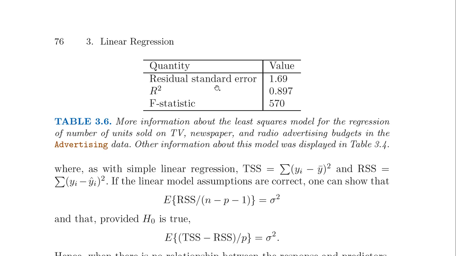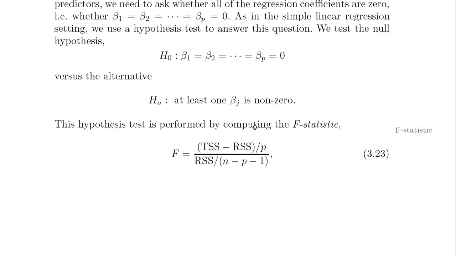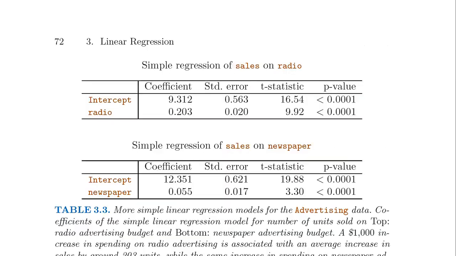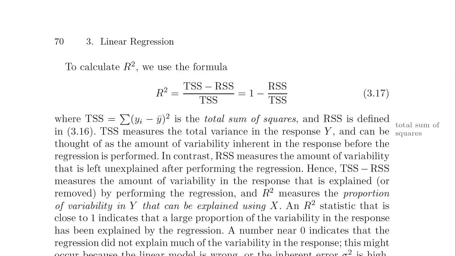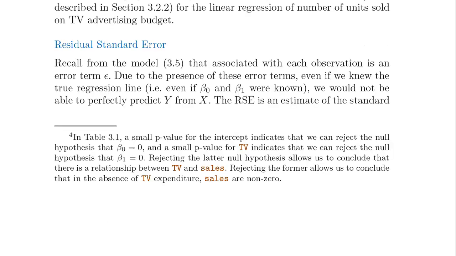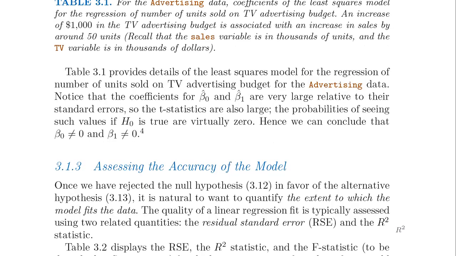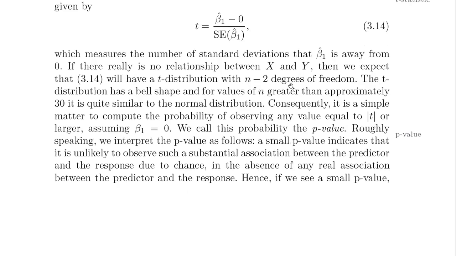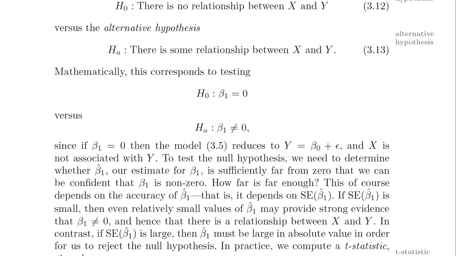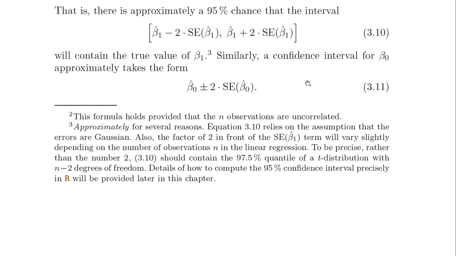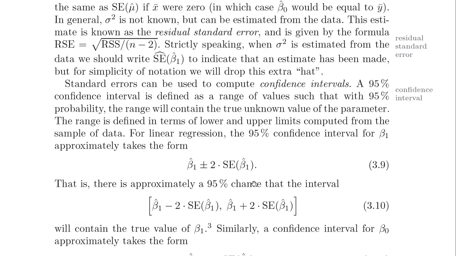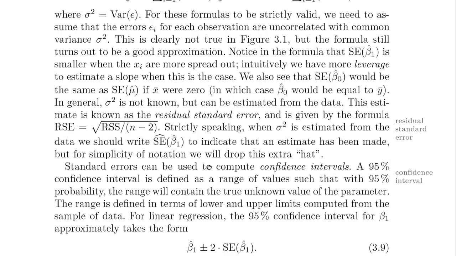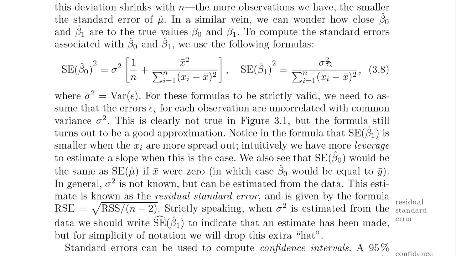We get a residual standard error of 1.69. And let's remind ourselves, what is the residual standard error? Residual standard error is looking at your error term. Remember when we were calculating these confidence intervals? And we needed sigma for the standard error for beta naught hat, beta 1 hat.